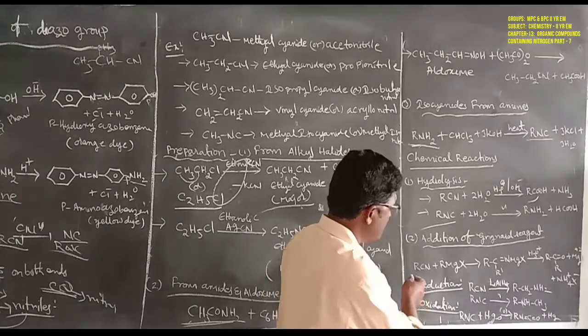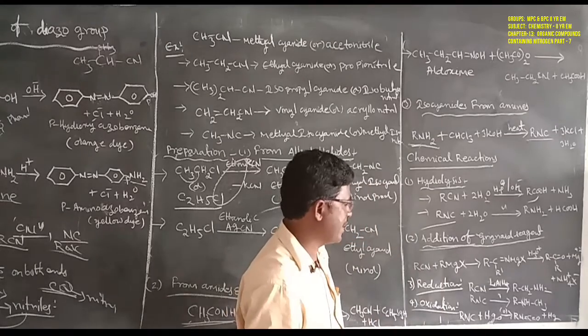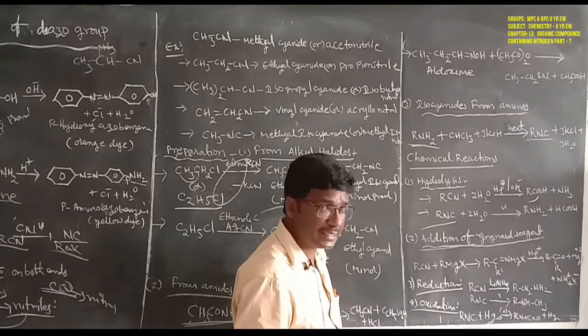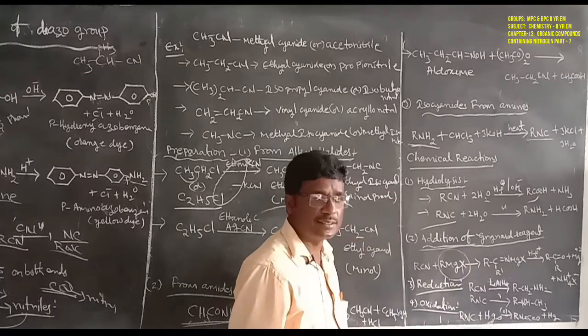The second one, addition of Grignard reagent. What is the Grignard reagent? Alkyl magnesium halide, RMgX, is also called a Grignard reagent.